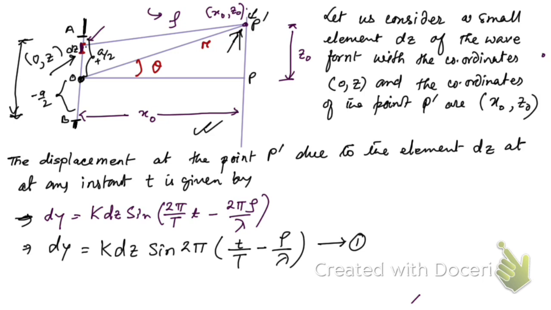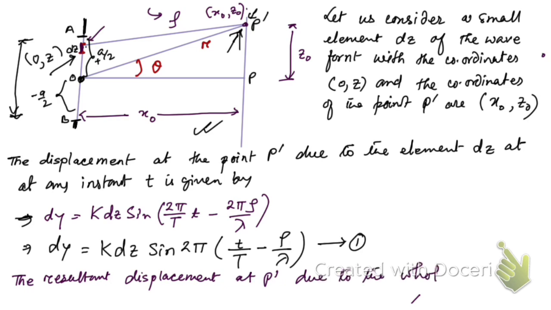The resultant displacement at P dash due to the whole wavefront can be obtained by integrating the above equation number 1. Let me copy this equation number 1 and take a new slide.